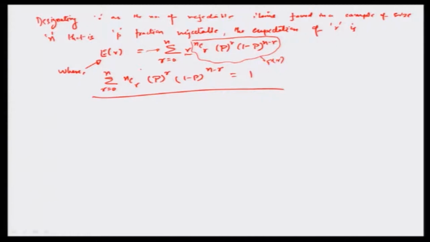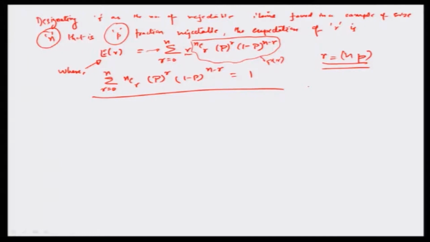So in this particular case, if r is the number of rejectables in the sample of size n and p is the fraction rejectable, you can write r equal to np, in the same way as we did d equal to n times p dash, where p dash was the fraction rejectable.